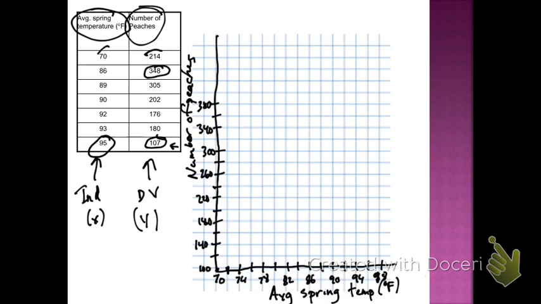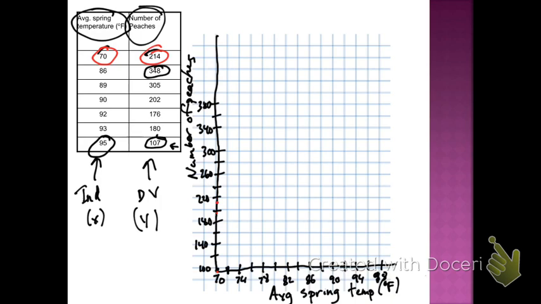All right, so I've labeled my axes. They're on the correct axes. My independent variable is on the x-axis. My dependent variable is on the y-axis, right? So at this point, what I'm going to do now is I'm going to go ahead and put in my points. So my first point is 70, 214, right? So 70 is here, and 214 is about, so this is 200, this is 220, so it's like right there.